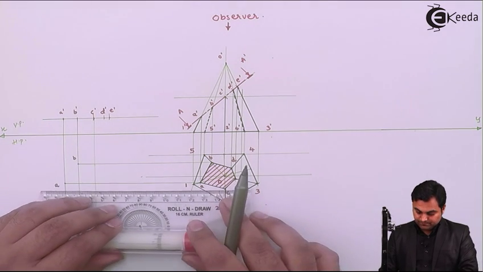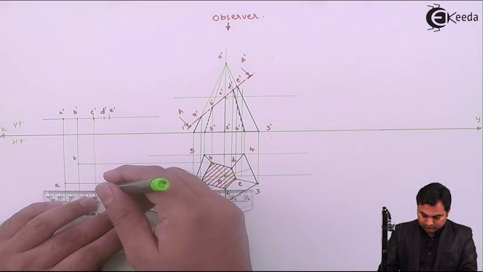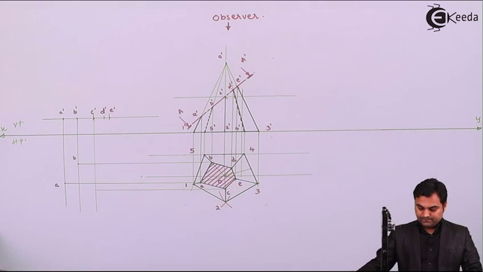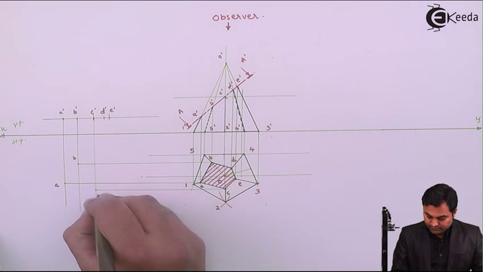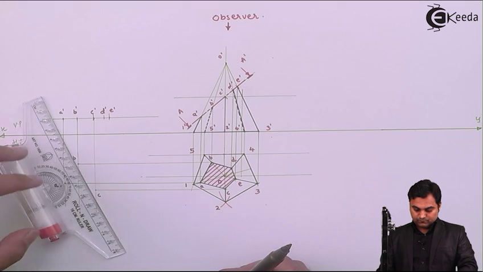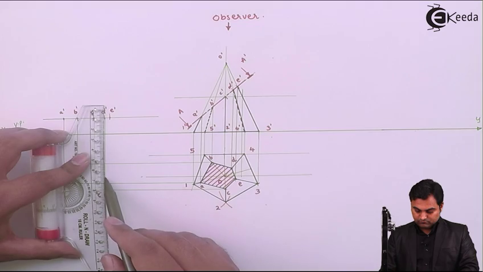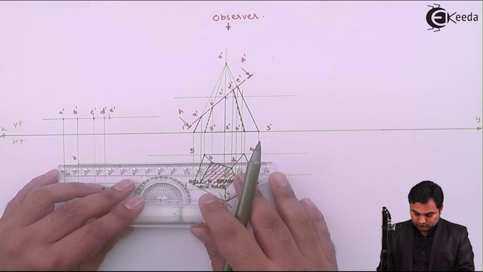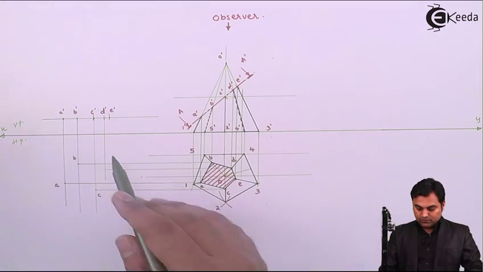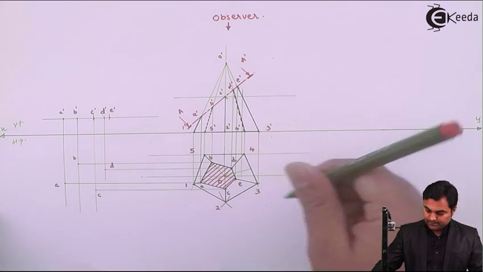And here point C. So where C dash and C they intersect, that will give me point C. Then point D. So wherever D dash and D they intersect, that will give me point D.